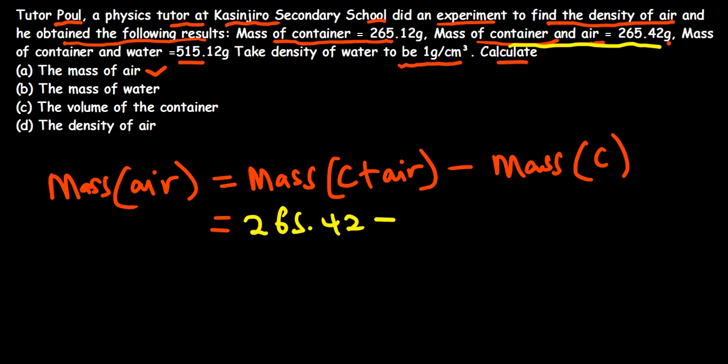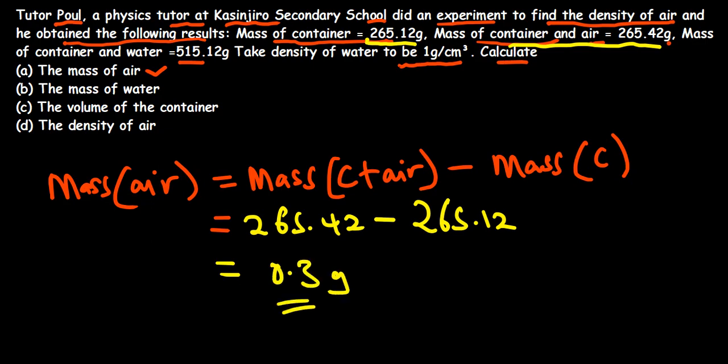Then we are subtracting from this the mass of the container, which is 265.12. Then from here just get your calculator and punch in these values. You should be able to get 0.3 grams.